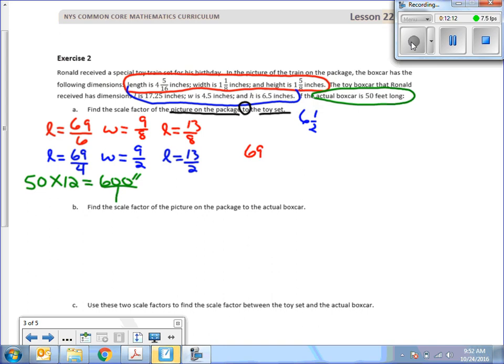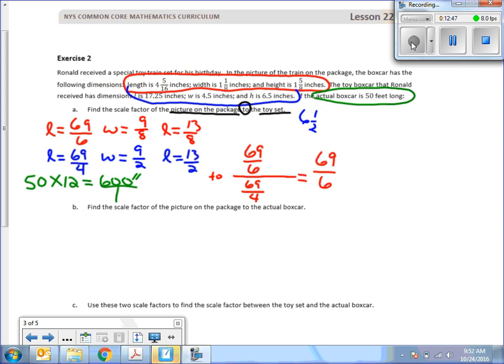So we're going to take 69/16 divided by, and the word to means to divide, there's my word to, so we're comparing length from the box to the toy, which is 17 and a quarter, which is 69 quarters. Okay, so we're taking the length of the picture on the box dividing by the length of the toy.